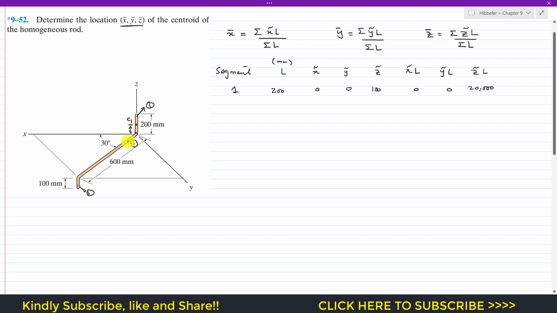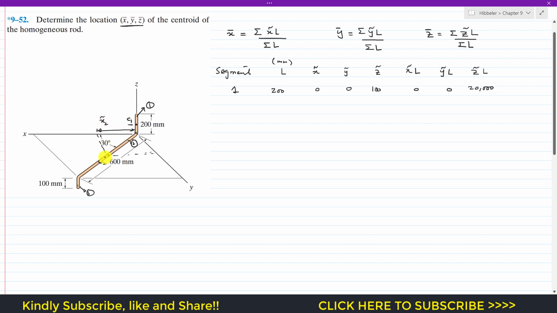Similarly, this is our segment 2. Its centroid will be somewhere here. Let's say that centroid is C2. If I drop a perpendicular from this C2 on the y-axis, and a perpendicular on the x-axis, this will be x tilde for this C2, x2 tilde.